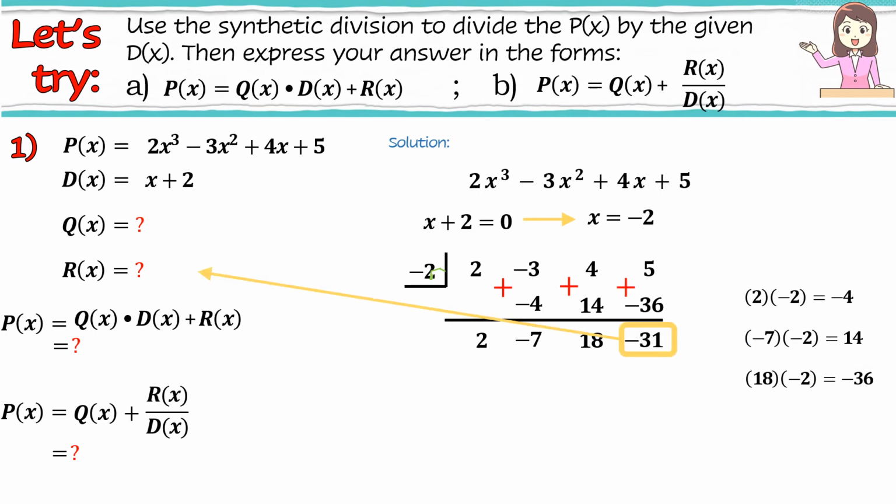So, 5 plus negative 36, that will give us negative 31. Yung pinakadulong number na meron tayo dito, yan yung ating remainder. So, yan na yung remainder natin. Automatic na yan. Kung ano yung nasagot dyan, make sure to follow the rules for addition of integers. So, yan ang ating remainder.